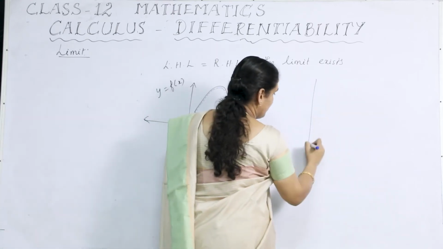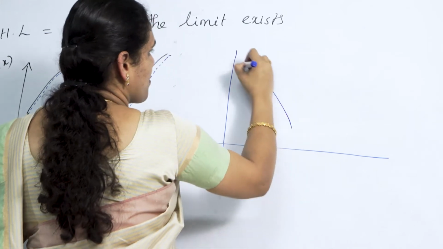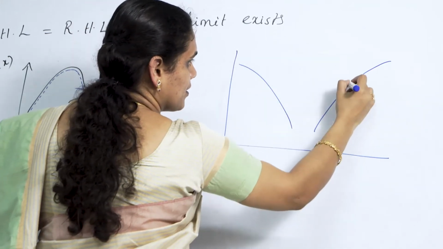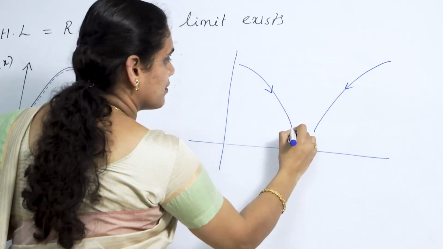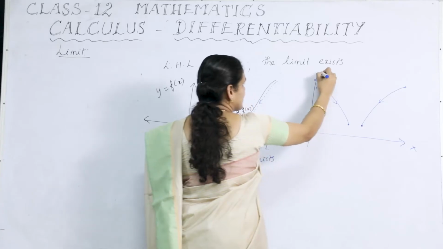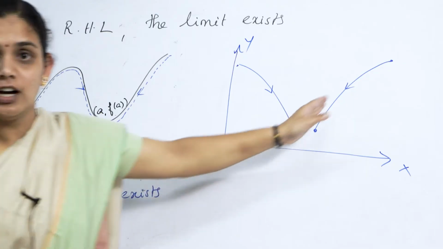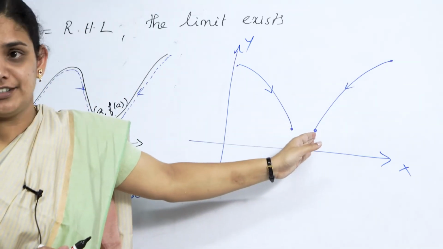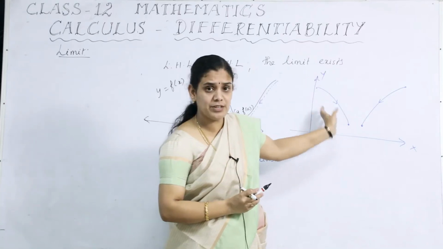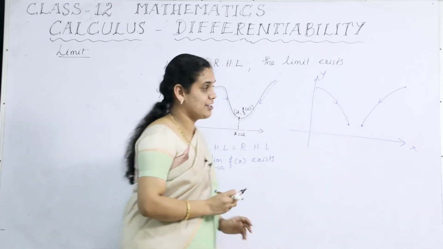For example, if you see this graph, the left limit approaches a different value and the right limit approaches a different value. Therefore, here the left hand limit is not equal to the right hand limit, so we can say that the limit does not exist here.